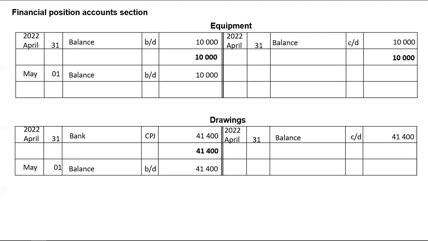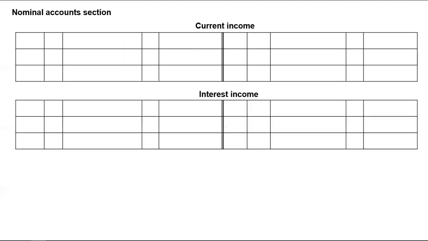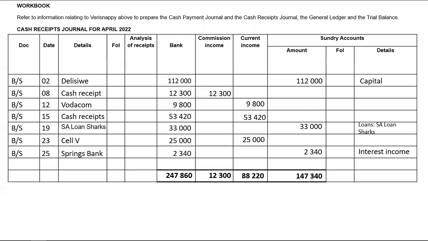Current income, I'm gonna go to my CRJ, and in my CRJ, I will simply take the total and the current income. So the total of current income is this 88,220.